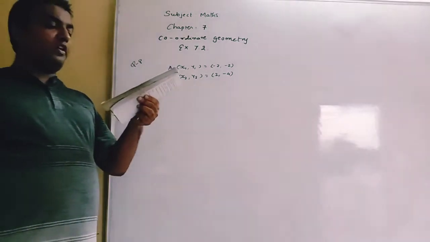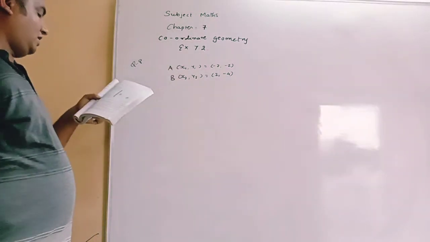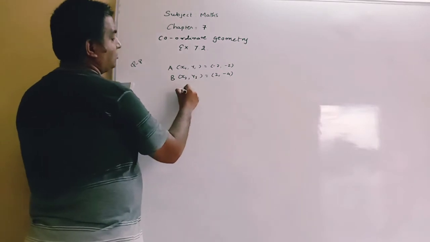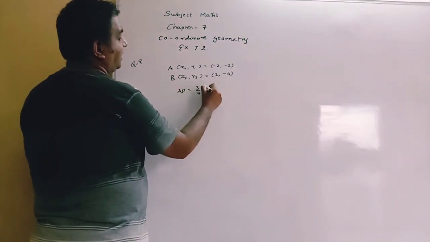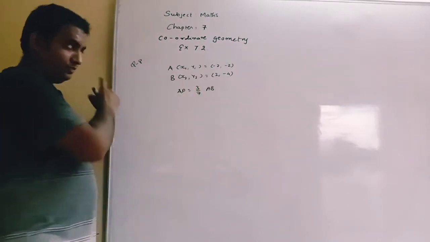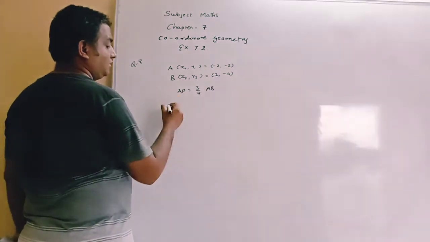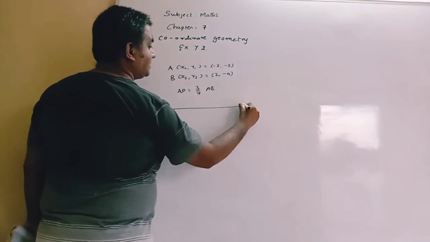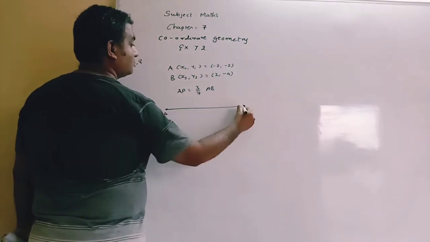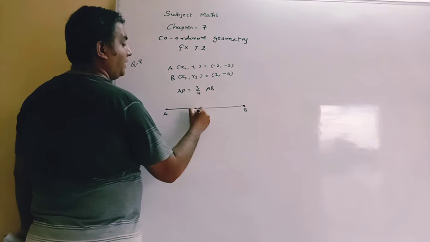Then find the coordinates of P such that AP is equal to 3/7 AB. So here the AB line segment is there, and between them point P is there.